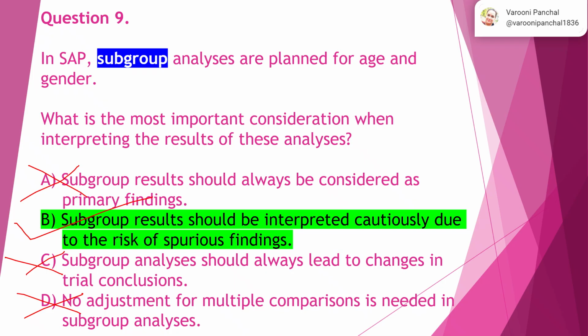Whenever you consider the subgroup age, you will have numerical values, right? So first of all you need to convert them into categories, for example 18 to 25, then 26 to 30. Those categorical variables you need to create first, and only for the records which fall within them can the subgroup analysis be done.